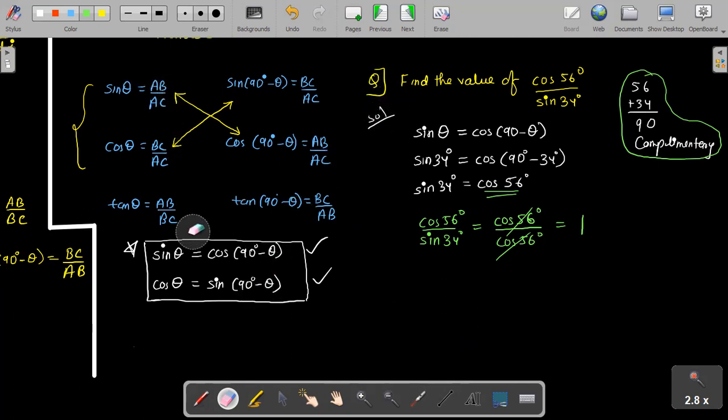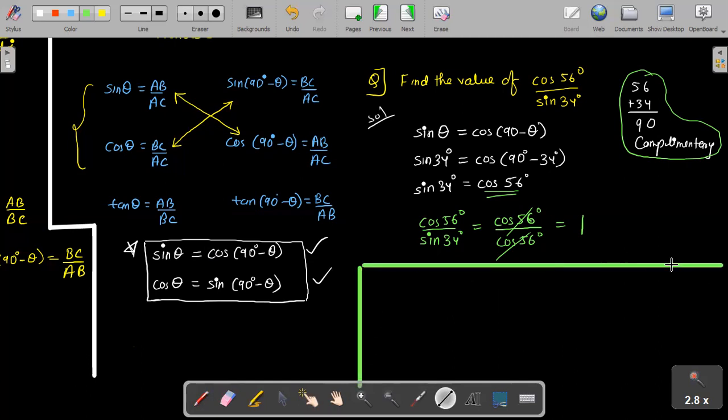If this is clear, we can now talk about tan. Now regarding tan theta, what ratio can we write about it? If we find out about tan, then we can do it like this: tan theta multiplied by tan of 90 degree minus theta.